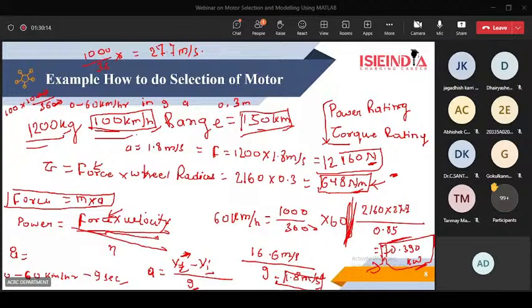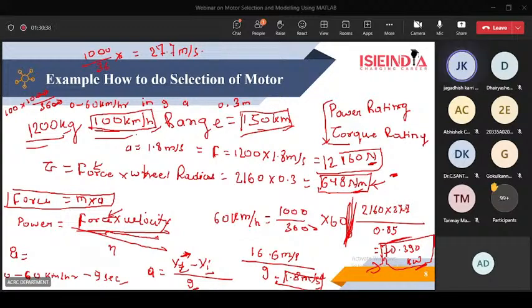Listen here, I am just assuming like this is how we proceed for the calculation. For the actual scenario we use drive cycles, where there are many ups, downs, idle conditions, acceleration, deceleration, regen. In that scenario we go into more detail, as more complex things happen in the selection of the motor.